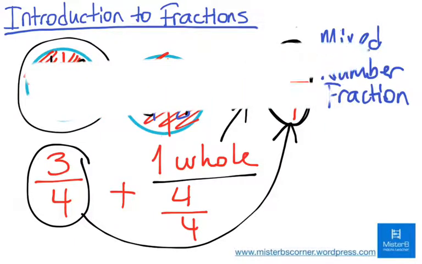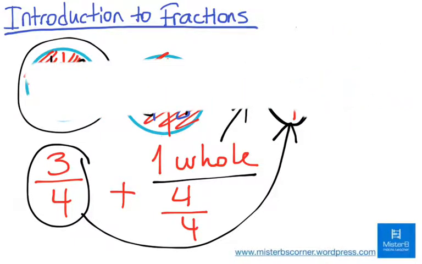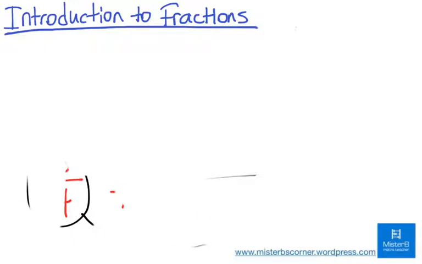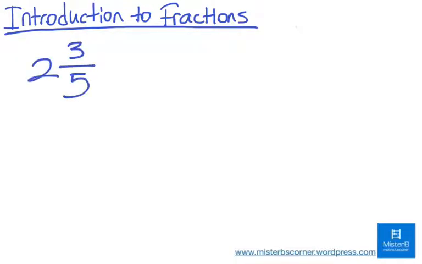Now we can change mixed number fractions to improper fractions, and we can change improper fractions to mixed number fractions. Let's see how. For example, if we have 2 3/5 as a fraction, then to write it as an improper fraction, this is what I'm going to do. At the top, I have to write down 2 times 5 plus 3.